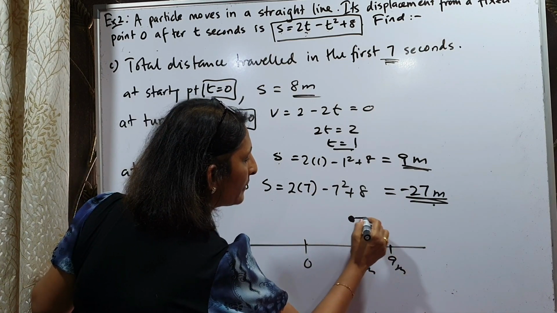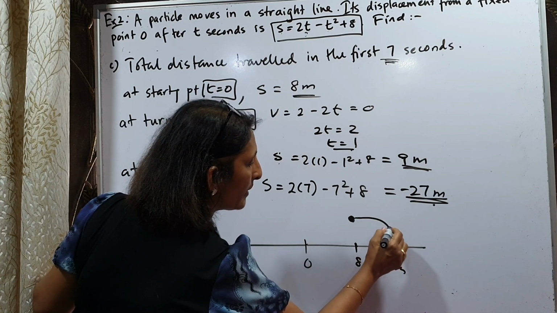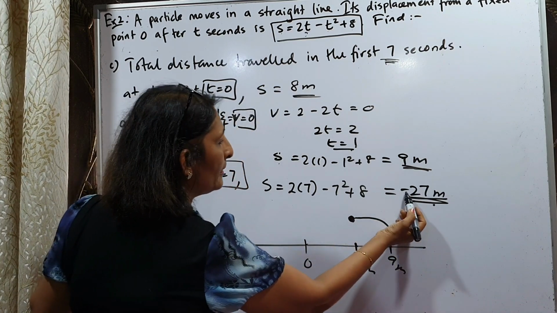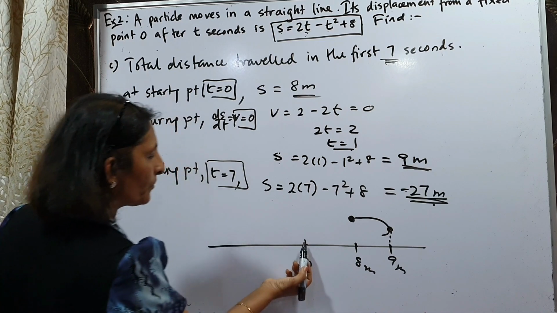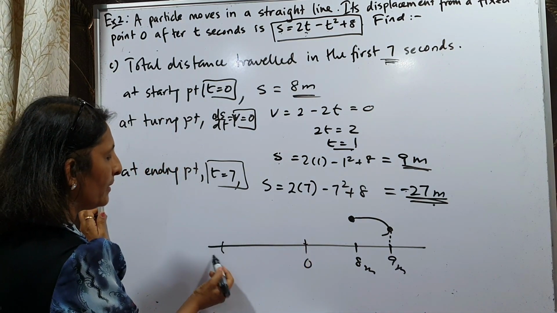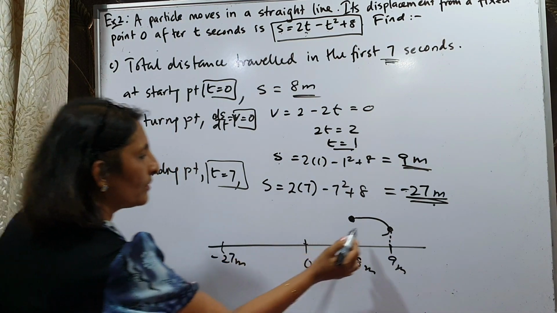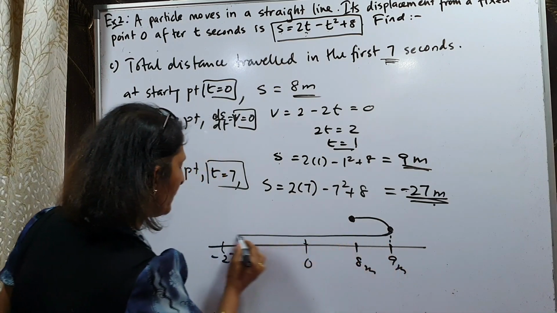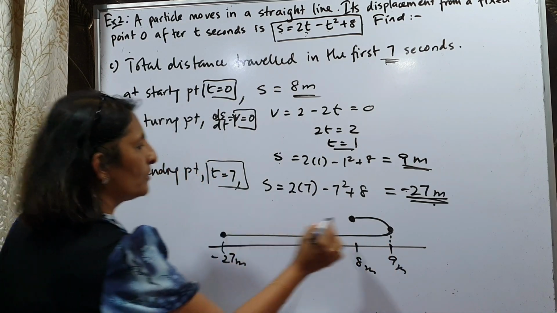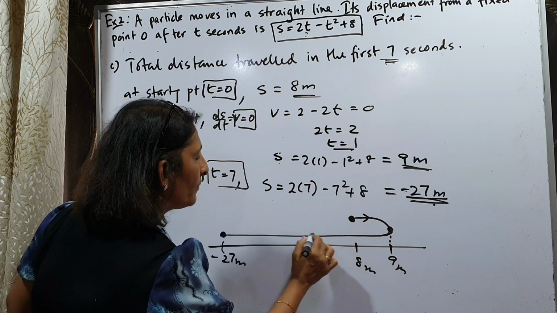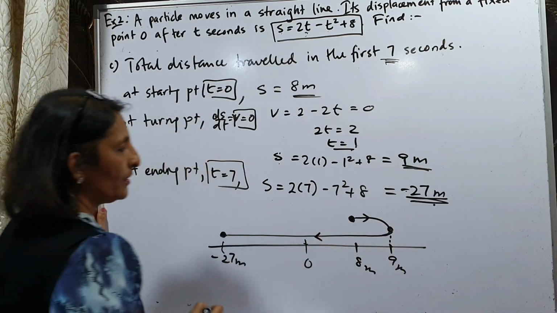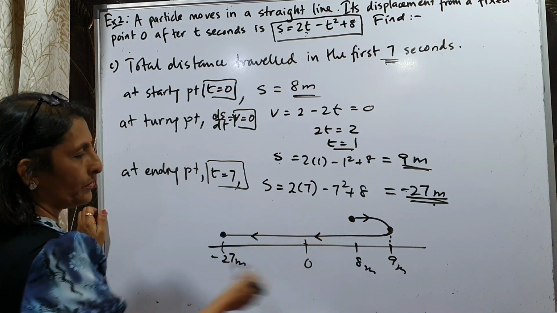So the particle turns here. And then it ends at negative 27. So from O, negative will be somewhere here. The particle has moved all the way to here and stops here. So this shows the movement of the particle. It has moved in this direction.